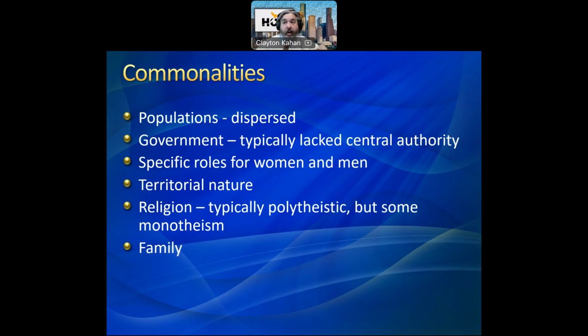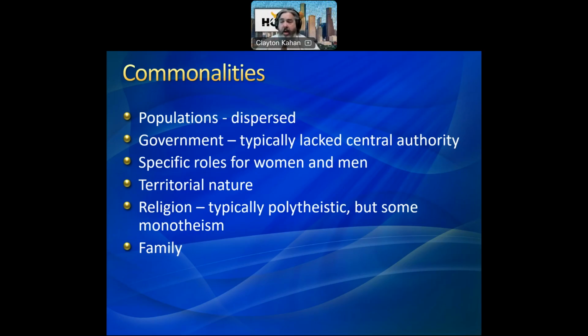All right. Now, first, in terms of commonality, the populations of Native Americans, especially the ones in Texas, can best be described as dispersed widely, and not necessarily evenly. It's not like there's a pocket here and a pocket here and a pocket here. They didn't all necessarily congregate together. In some cases, they had a common center and just went outward in all different directions.